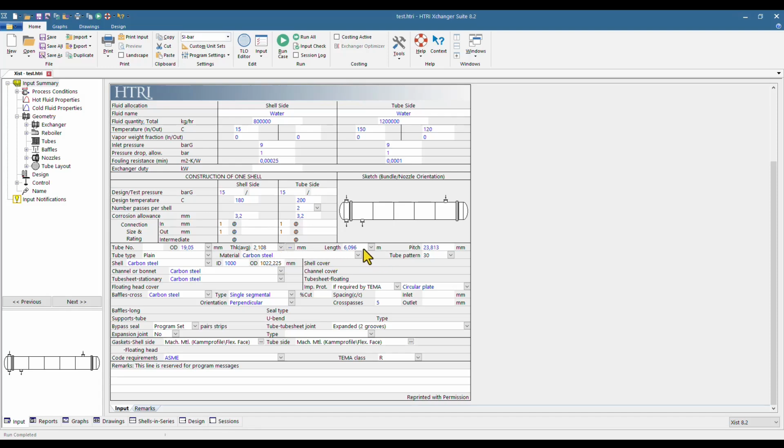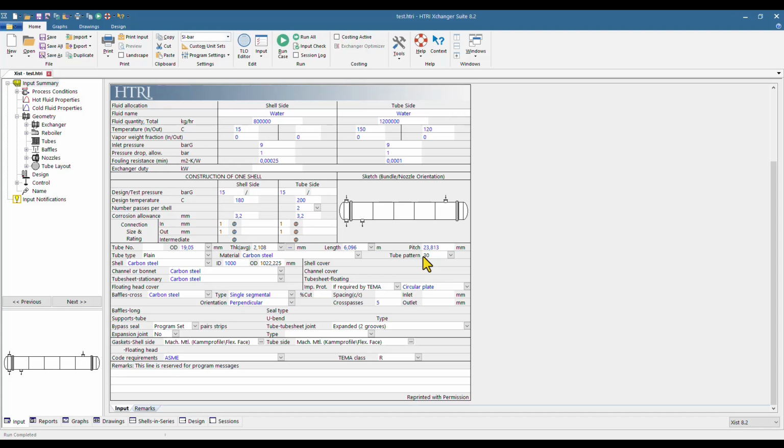The length is 6 meters, so standard 20 feet tubes, 6 meters and 96 millimeters. The pitch is 23.813, and the tube layout angle is 30 degrees, so a triangular pitch.